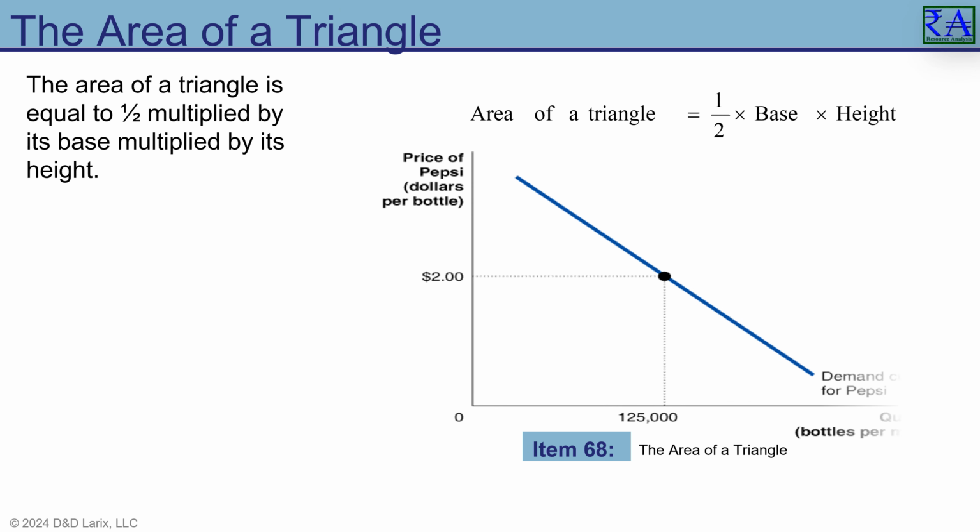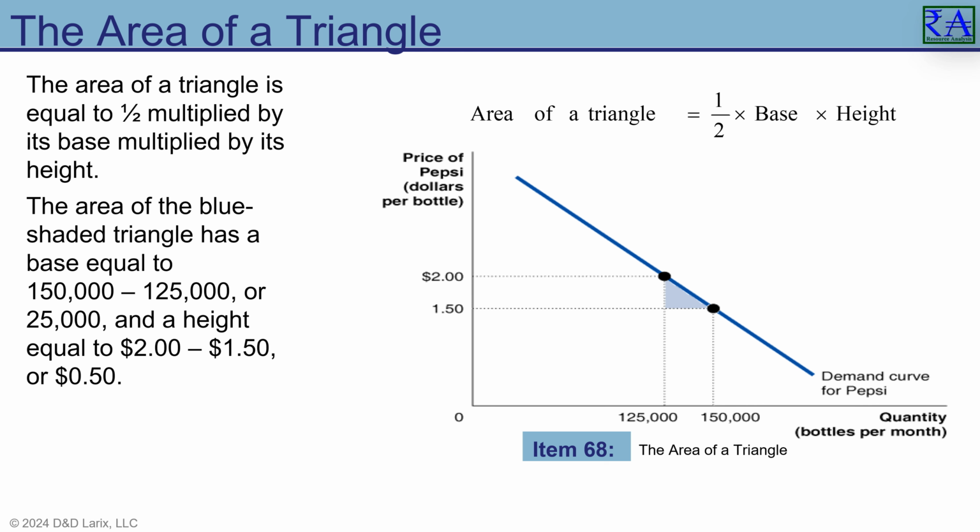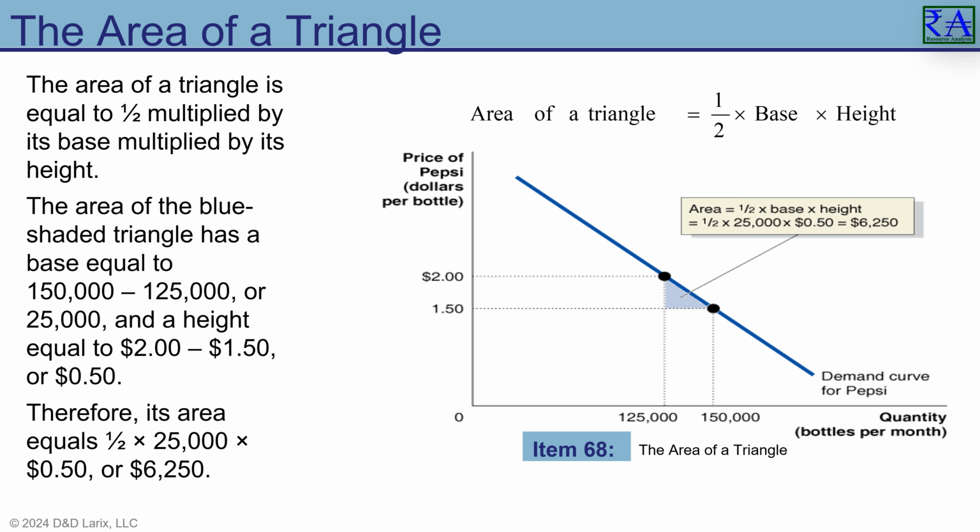The area of a triangle is calculated by using the formula 1/2 base times height. In this example, the blue shaded triangle has a base of 25,000, calculated from 150,000 minus 125,000. The height is 50 cents, calculated from $2 minus $1.50.